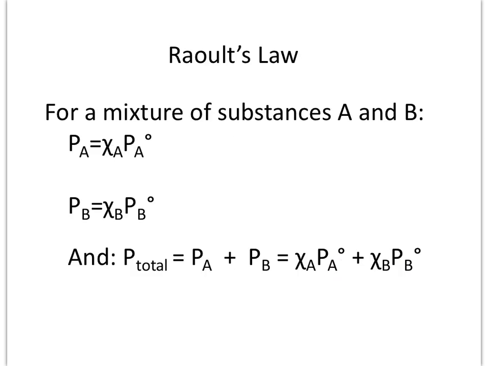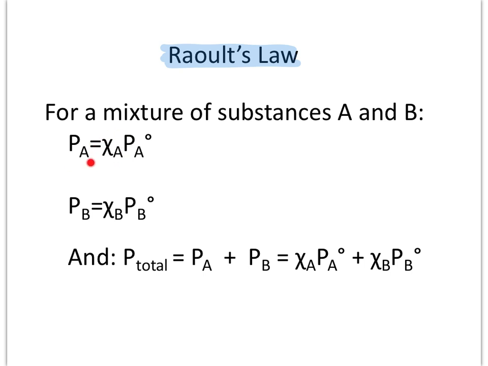If we go back to general chemistry, we can talk about Raoult's law, which, remember, was talking about the vapor pressure of a substance in a mixture. The vapor pressure of a substance in a mixture was equal to the vapor pressure of that substance when it was pure times the mole fraction of that substance in the mixture.